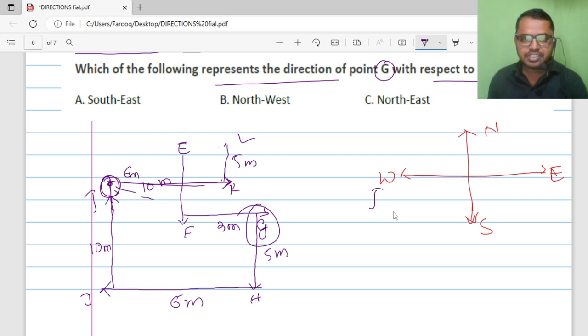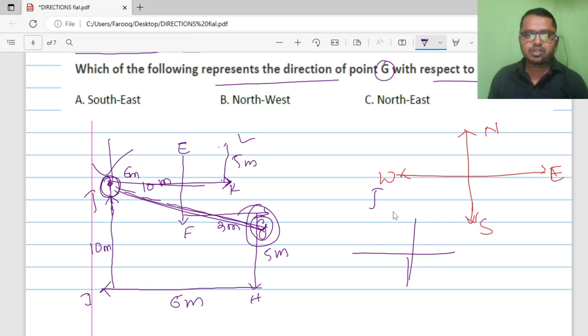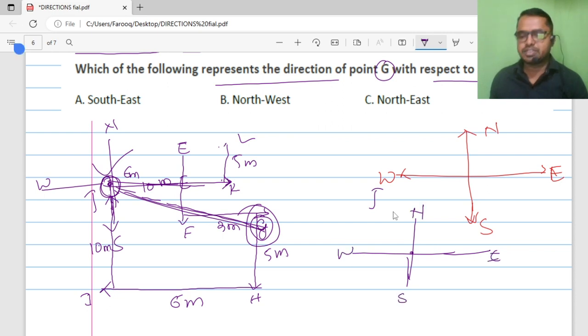With respect to this direction means here. Position of G with respect to J. Which direction? See here, we will draw this one. This is north. This is south. This is east. This is west. Suppose J is at the center of north, south, east, west. G is here with respect to J.